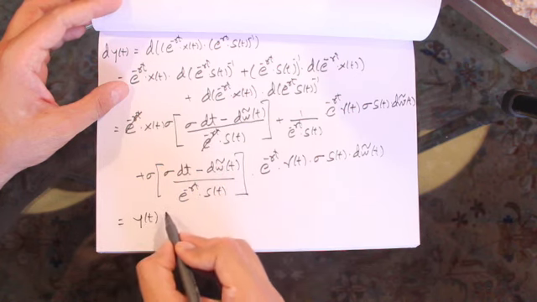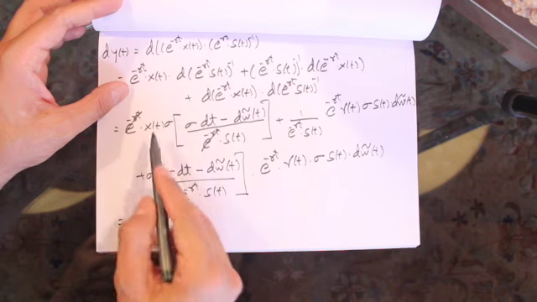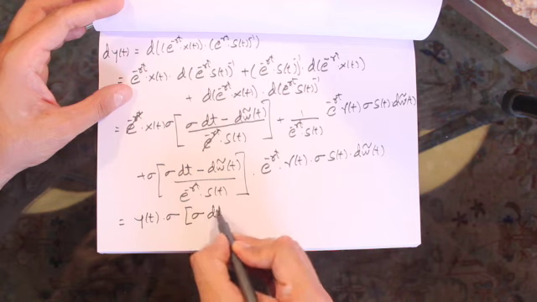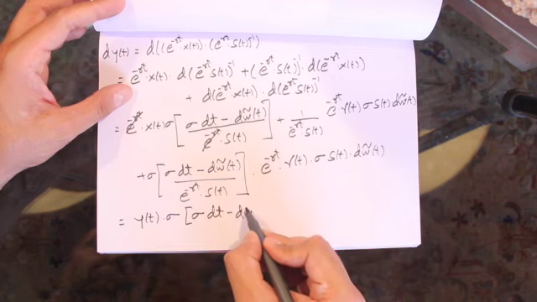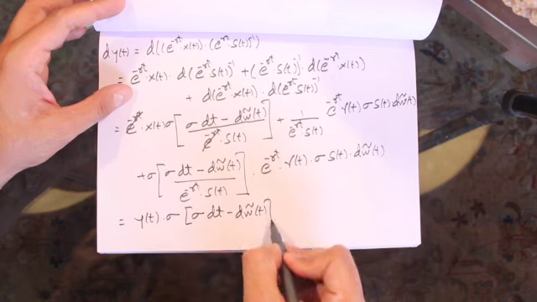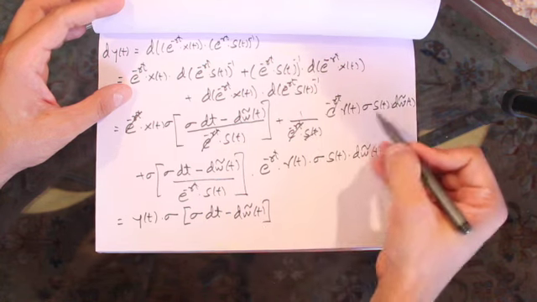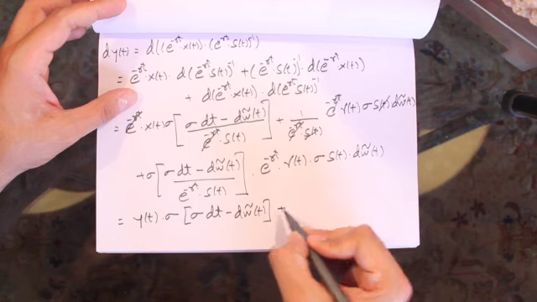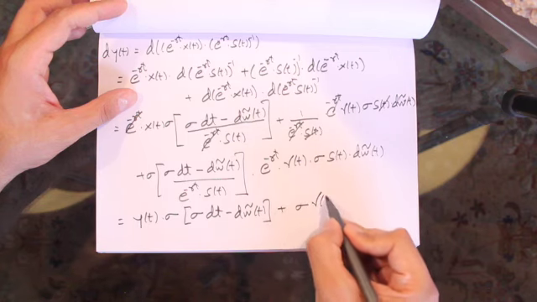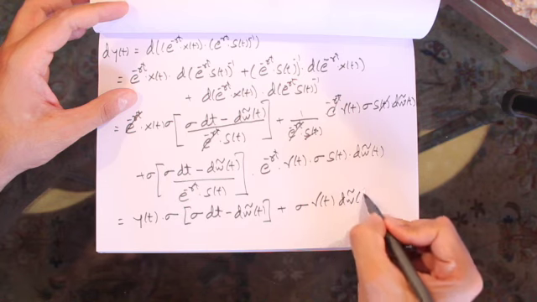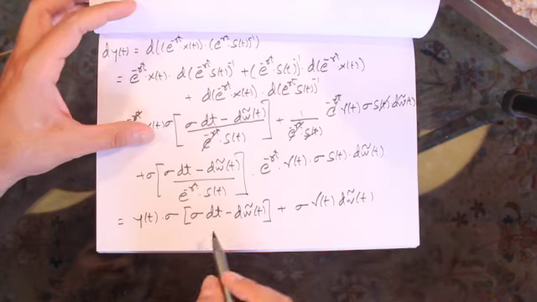So this is y of t times sigma, because I have a sigma here, times sigma dt minus dW tilde t. s of t cancels out, so I have sigma gamma t dW tilde of t. That's my second term.